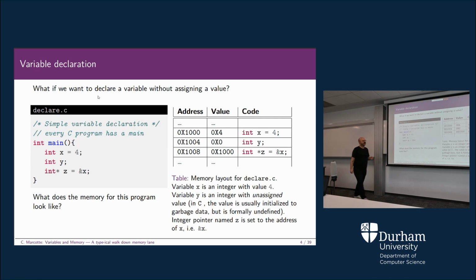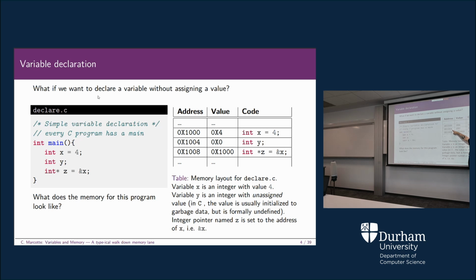So here we just have a table. We have addresses on the left, we have values in the center, and then the code, roughly, that corresponds to that on the right. So at address, I'll just say 1000, we have a value of 4, int x equals 4. That much is clear.